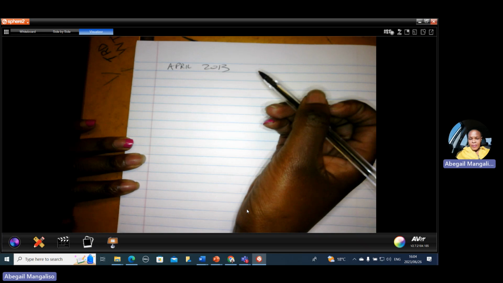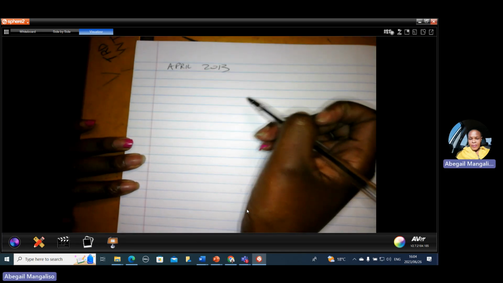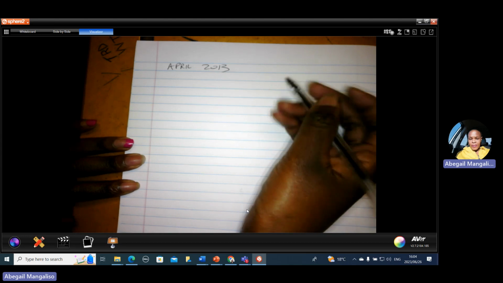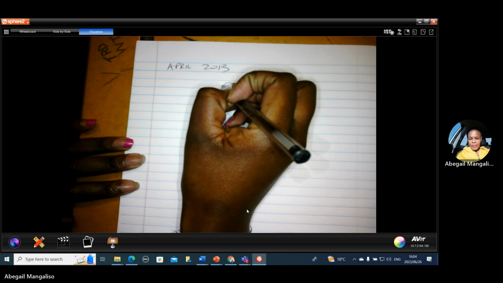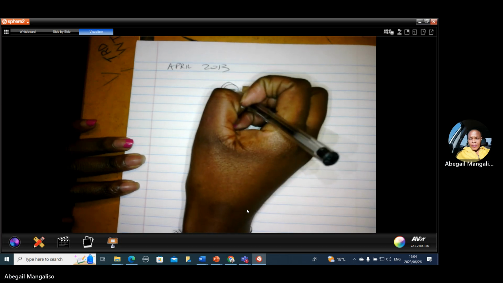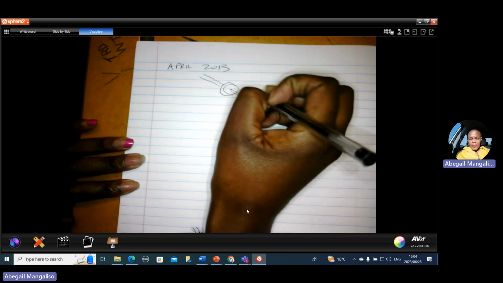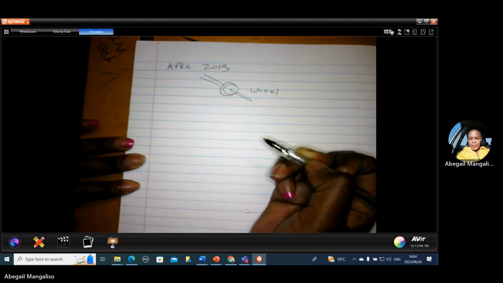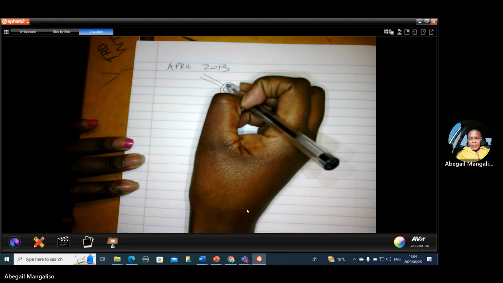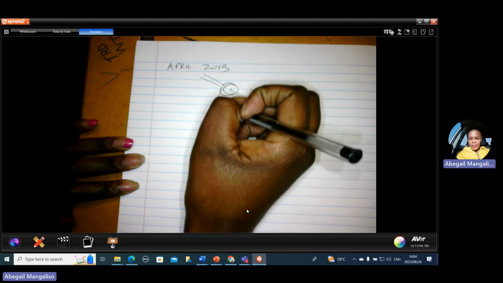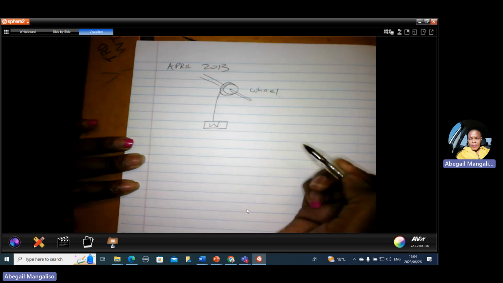Not all the things that cause a turn are applied when you tighten or loosen a nut. We can have a drum or we can have a wheel. If it's a drum, a question can be that this drum is hoisting up a load.